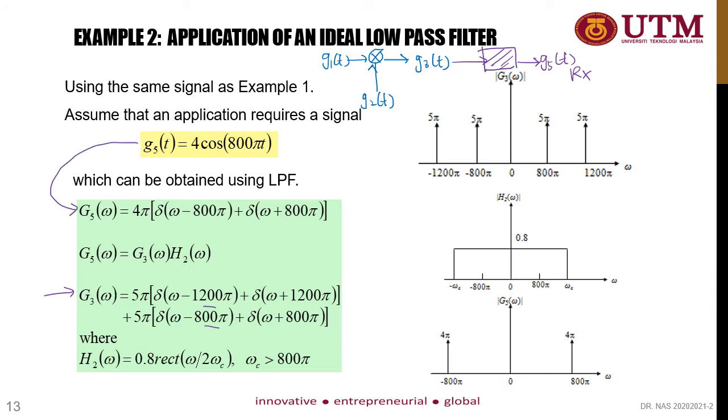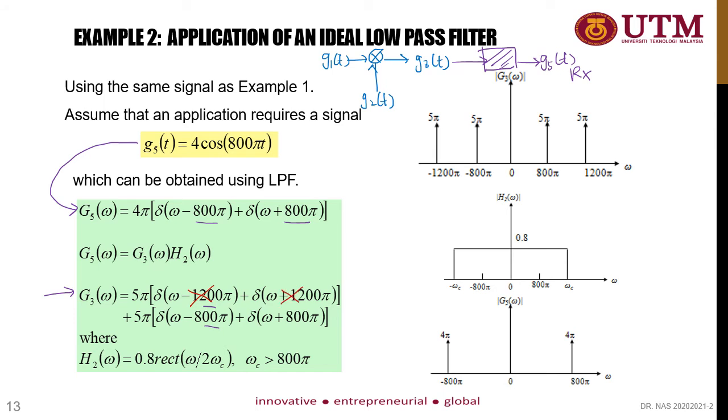It is basically 4 pi delta(omega minus 800 pi) plus delta(omega plus 800 pi), meaning that only the components at negative 800 pi and positive 800 pi will be selected, and the higher frequency component, in this case 1200 pi, will be removed from the system.